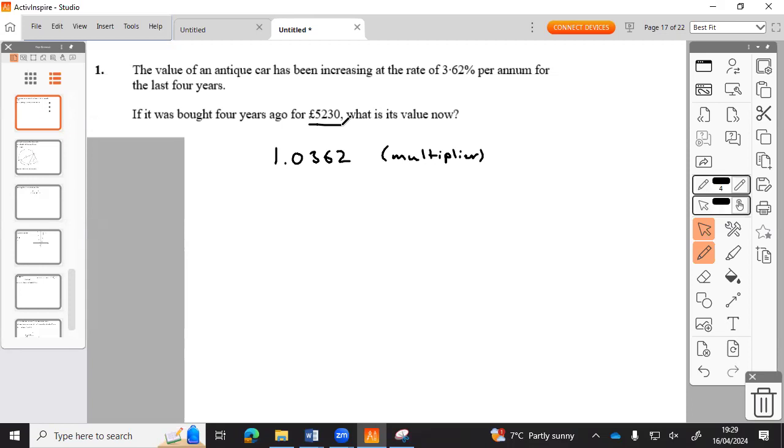So for 4 years, my new value will be my start value multiplied by my multiplier, to the power of 4 because it's 4 years.